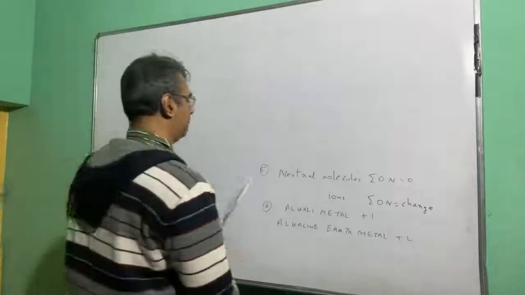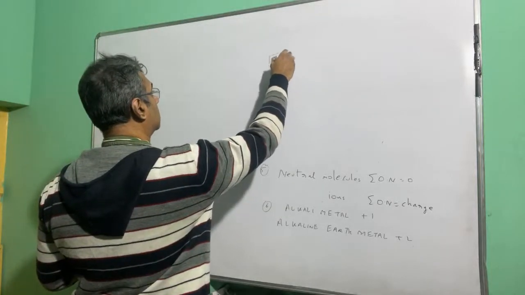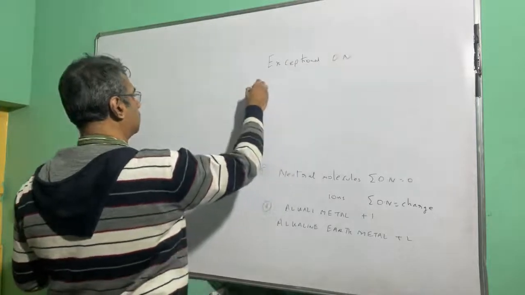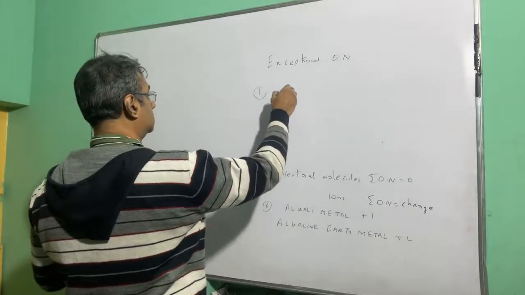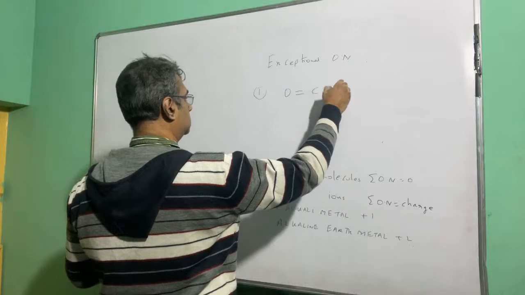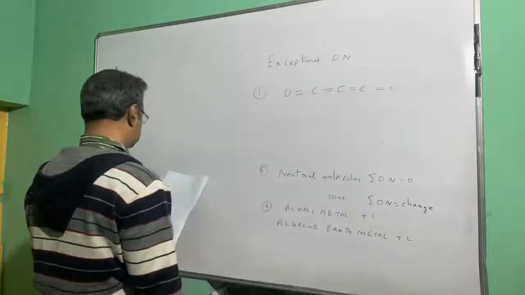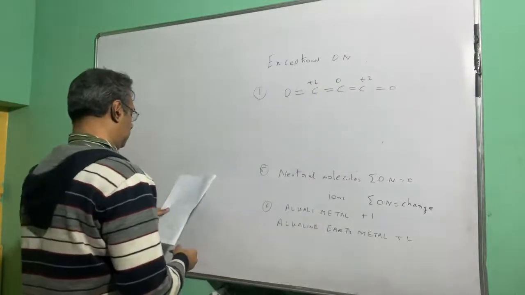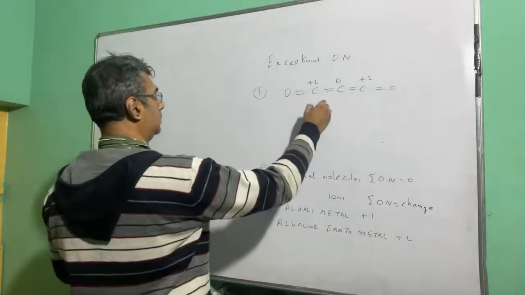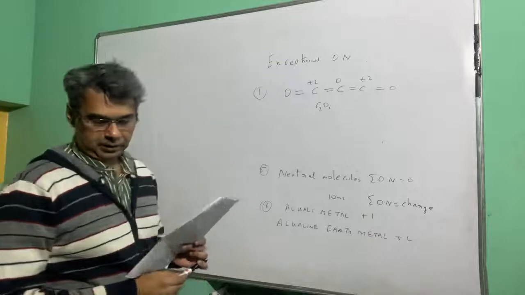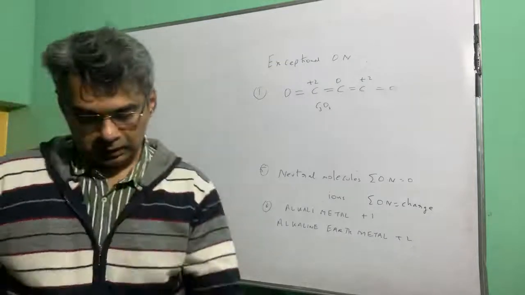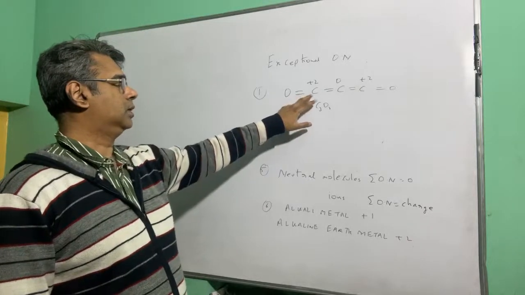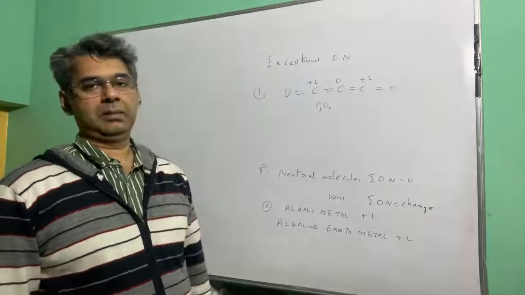So this is a compound C3O2. In C3O2, this carbon is +2, this carbon is +2, but this carbon is 0.